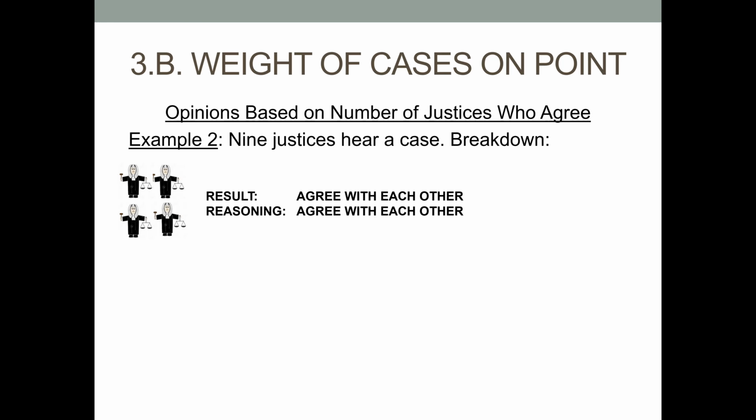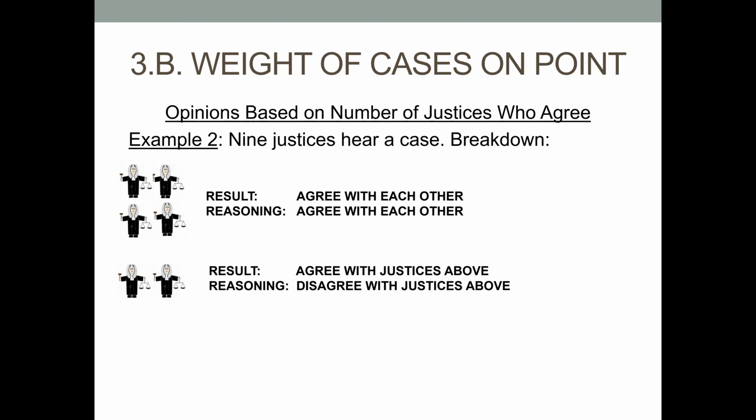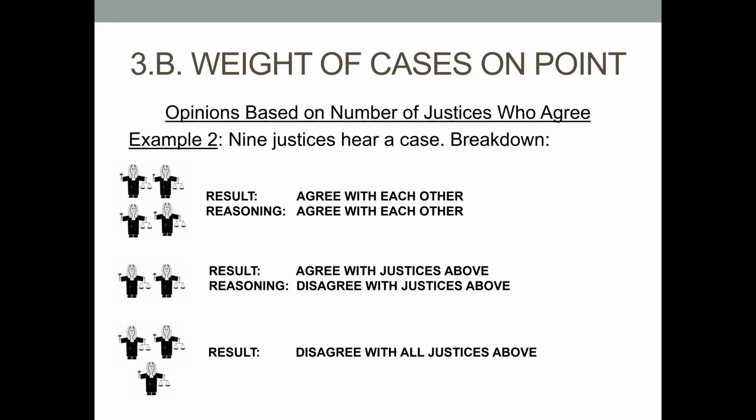Well, let's keep going. The next two justices agree with the first four justices on the result, but they disagree with the first four justices on the reasoning. And finally, let's look at the last three justices. They disagree with all six of the justices above on the result, and they disagree with all six justices above on the reasoning.